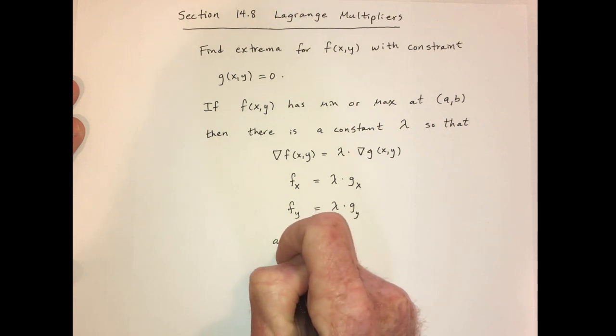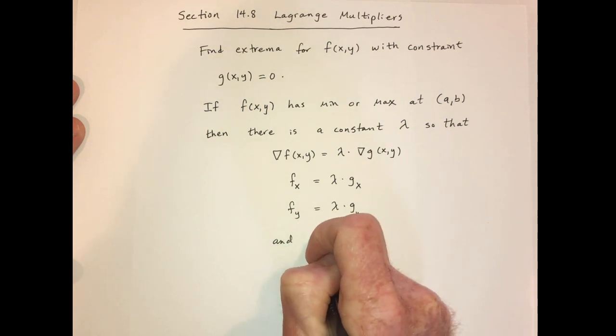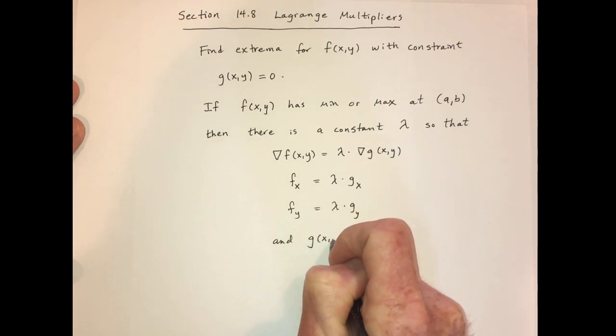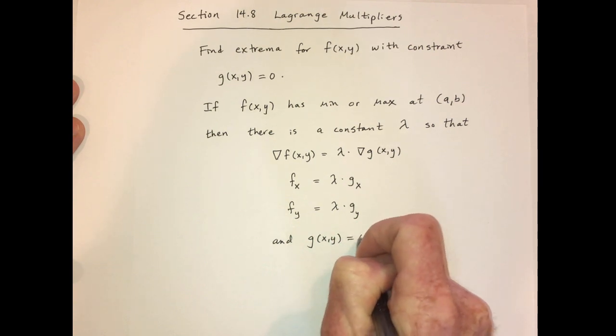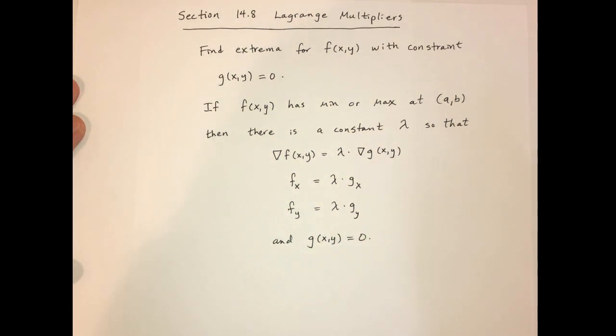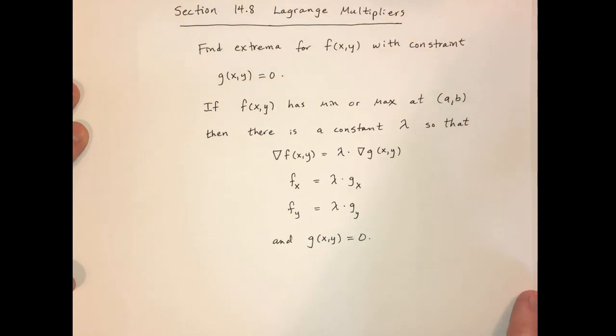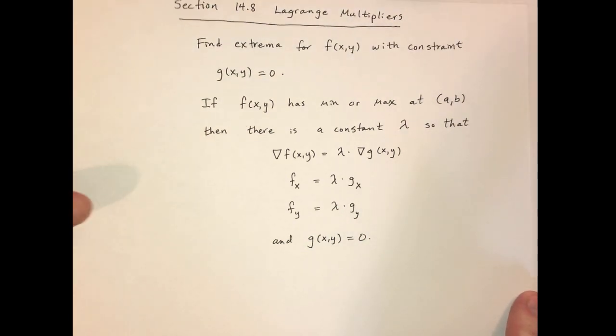So we also need that constraint equation to help solve for x, y, and lambda. The good news is this is very little calculus at all. The funner part is we get to do a bunch of algebra because we're going to have 3 equations and 3 unknowns. The calculus part isn't going to be too bad. The algebra is going to be a little more challenging.